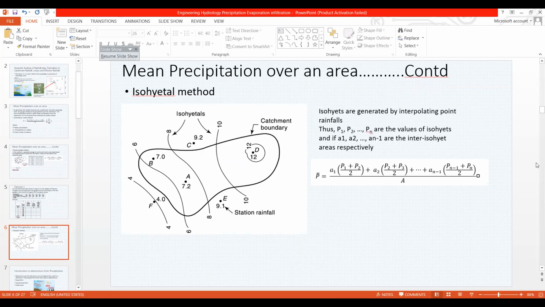Now, there is another method called the Isohyetal Method. What we do is create isohyets of equal rainfall, right? If you have a set of rainfall data, you can interpolate and generate certain rainfall contours. Now, these contours represent rainfall values. So, what we do, we average, let's say, this area.